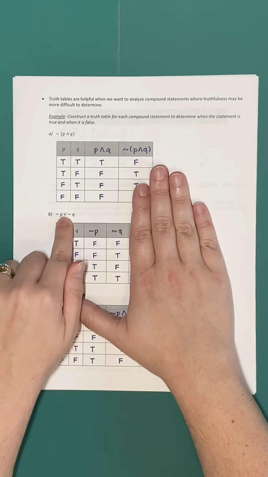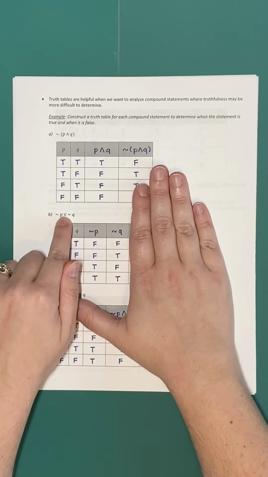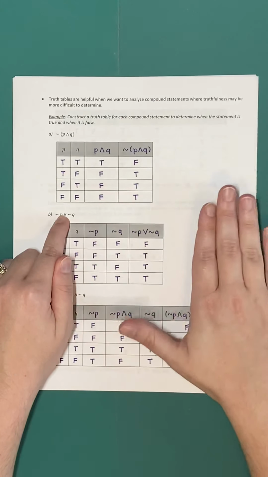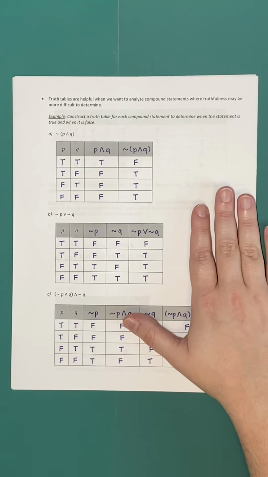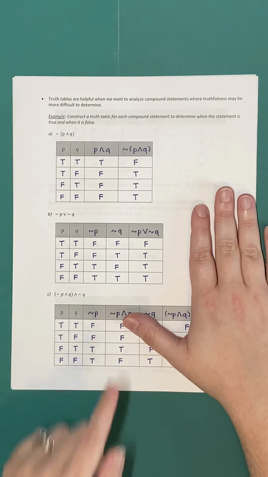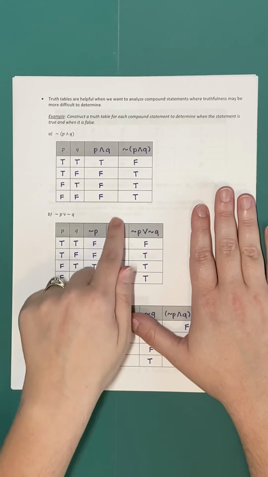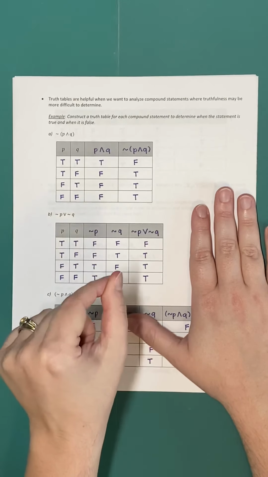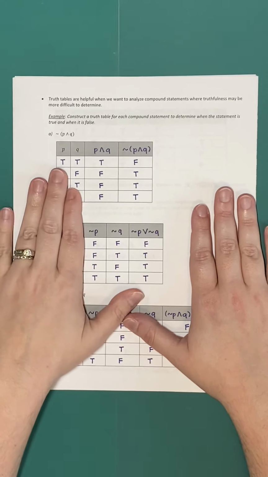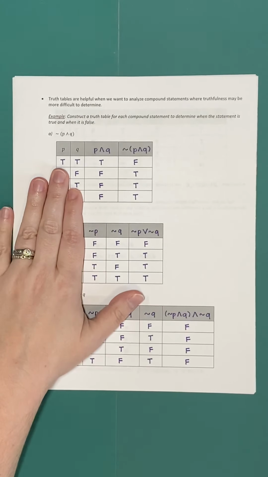The only thing remaining to do is to join those together. So my last column is going to join them together. What do I need and what don't I need? Well, I need not P, I need not Q. Those are being joined together. But notice at this point, I no longer need my original values because I'm building off of my intermediate values.